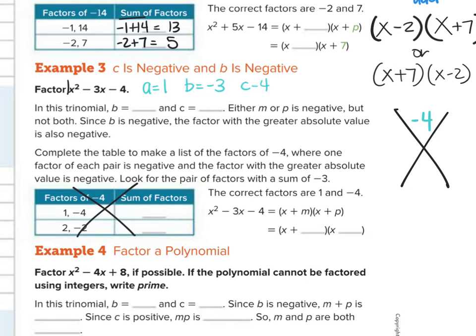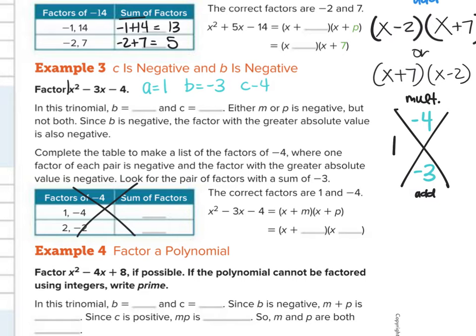Okay, what's going to go underneath that? What do they need to add up to? Negative 3. Okay, so what you're trying to do is find the two numbers that multiply to get negative 4 and add to negative 3. So can anyone think of two numbers that would work for that?